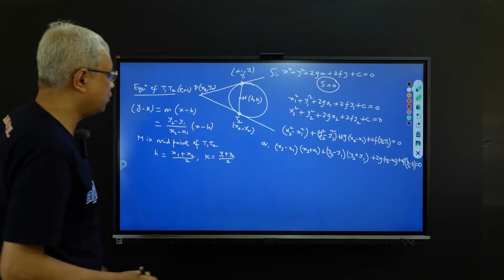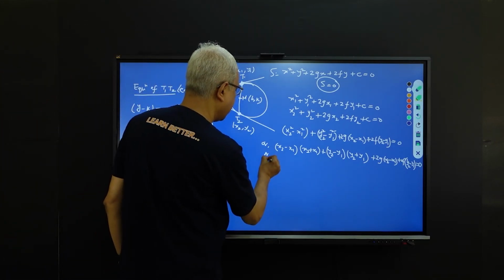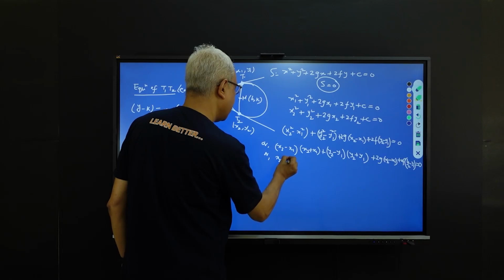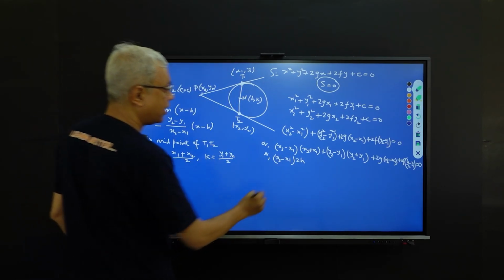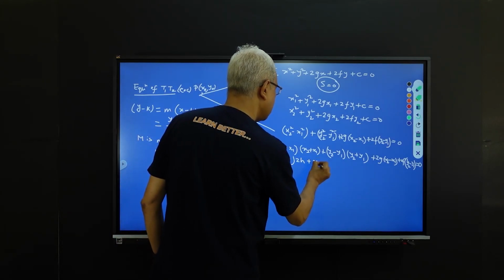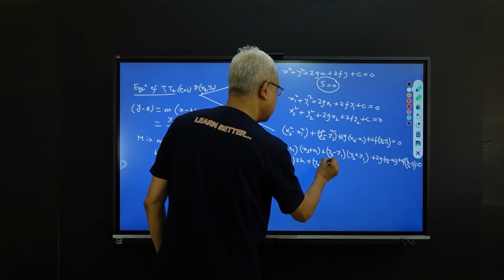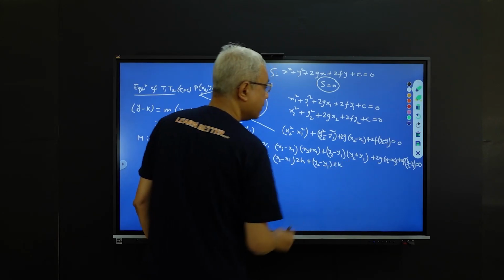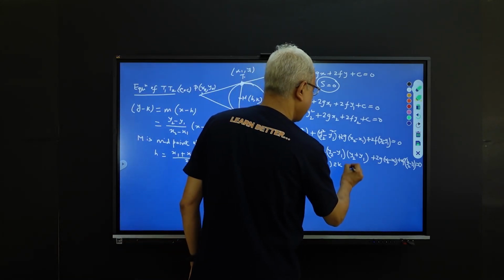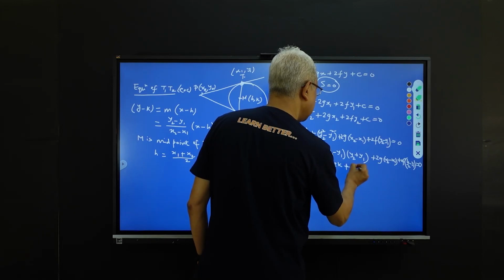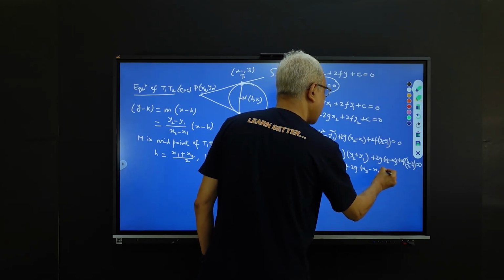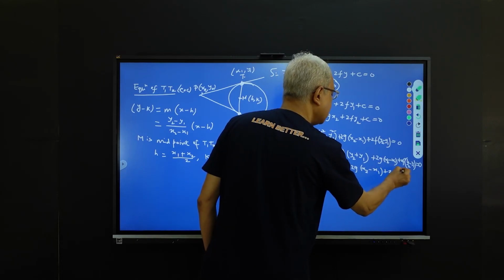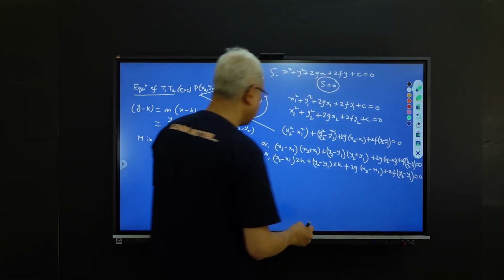So I can write (x2 minus x1) into 2h plus (y2 minus y1) multiplied by 2k plus 2g (x2 minus x1) plus 2f (y2 minus y1) is equal to 0.